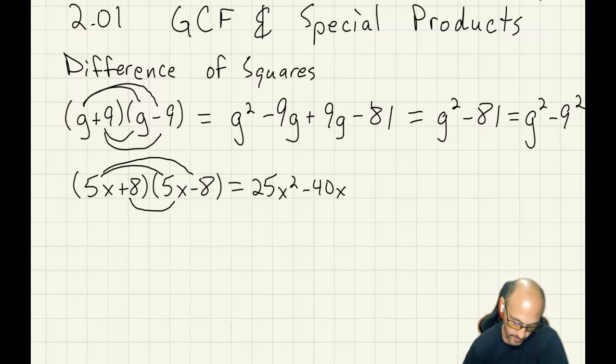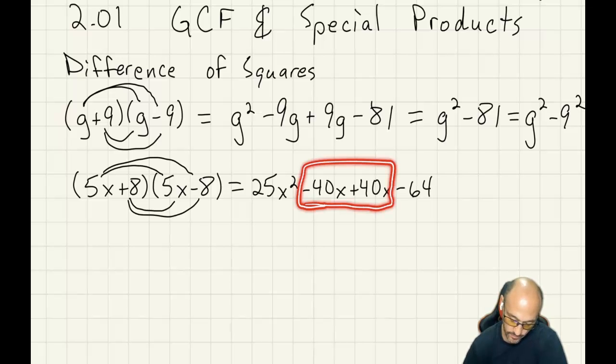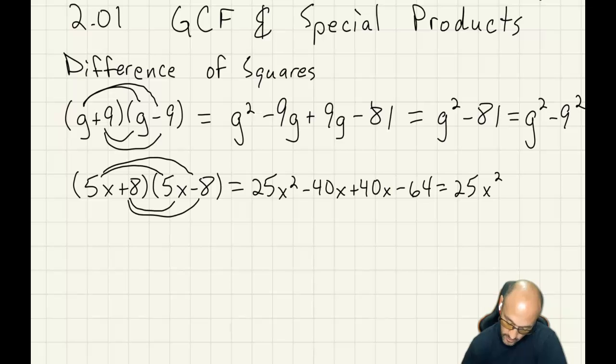Inners, 8 times 5x is positive 40x. And lasts, positive 8 times negative 8 is negative 64. And again, these x terms cancel out. And so we have 25x squared minus 64.